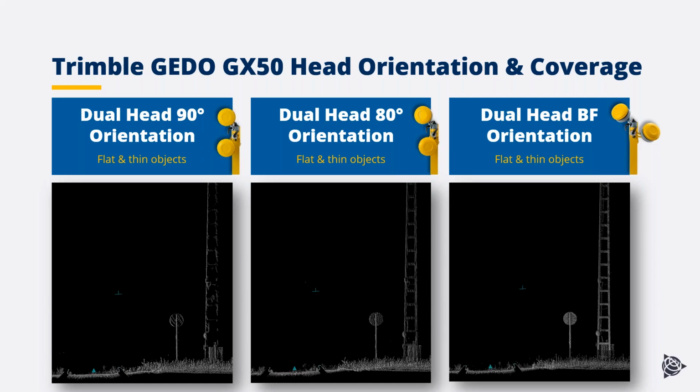If you look into the middle image with the 80-degree orientation, you can see that the amount of points, the density, is higher. This means this 10-degree difference from perpendicular already gives you a better point density and more details of a thin and flat object. You go into the butterfly configuration, you have the highest amount of points visible here of the sign and the mast.